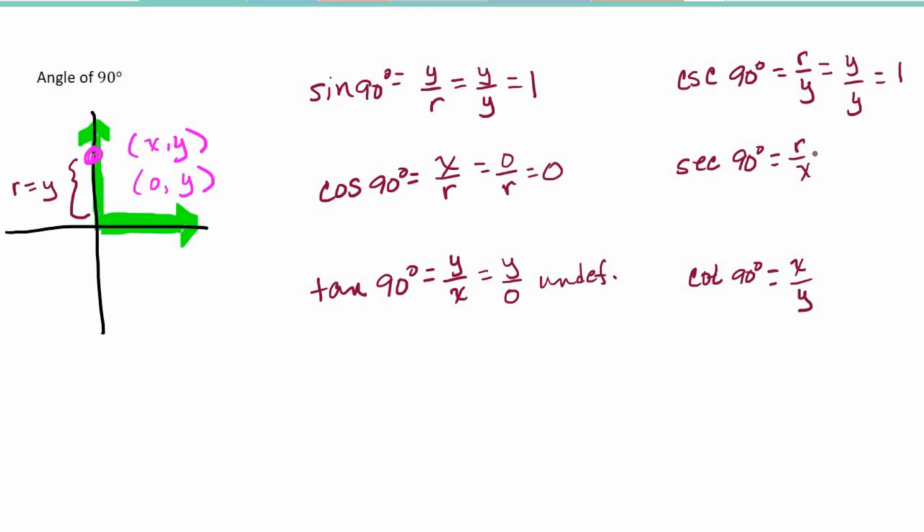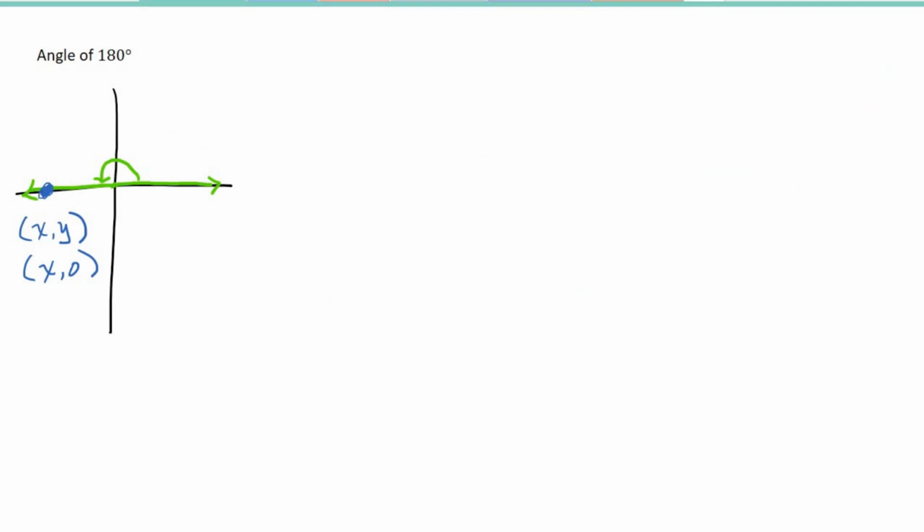Secant is r over x, but remember x is 0 in this case, so secant of 90 degrees is undefined. For cotangent, we have x over y, and remember that x is 0, so I have 0 over y, and that is 0.